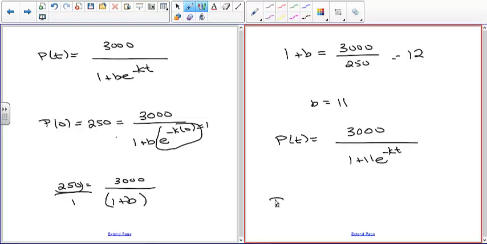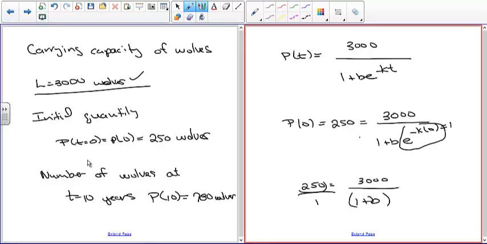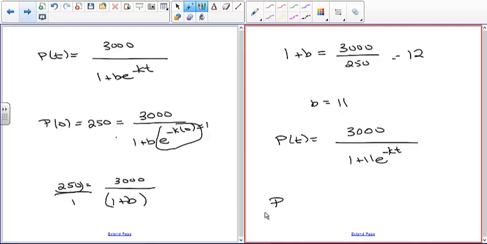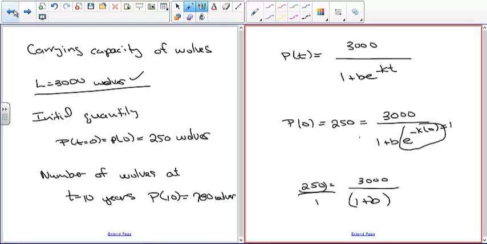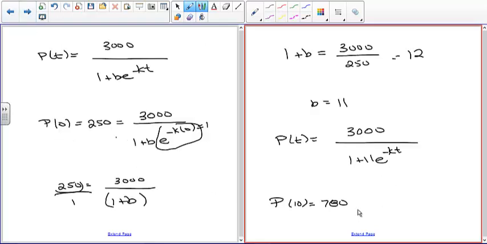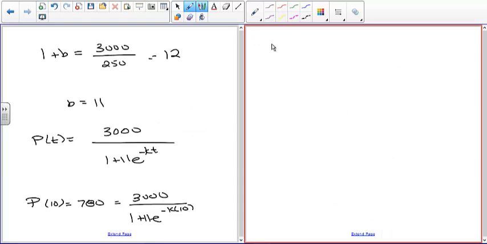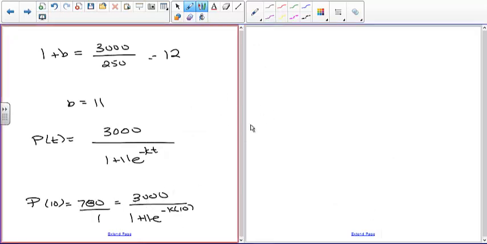Now you use the value here, P of 10 equals 780. Is that right? 780. Yep. And we're going to solve for k now. So you have 3,000 over 1 plus 11 e to the minus k times 10. We can do the same thing. You can switch these two ratios.